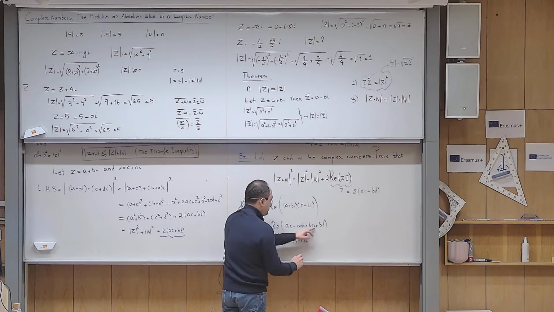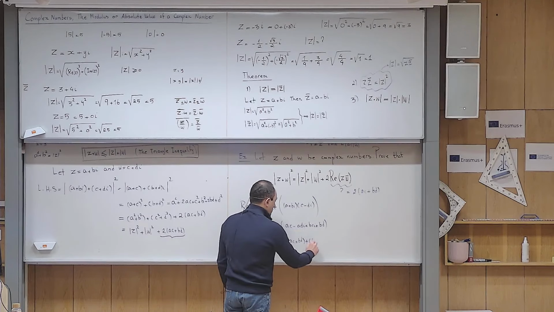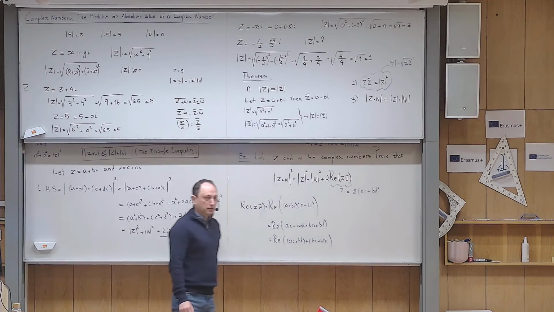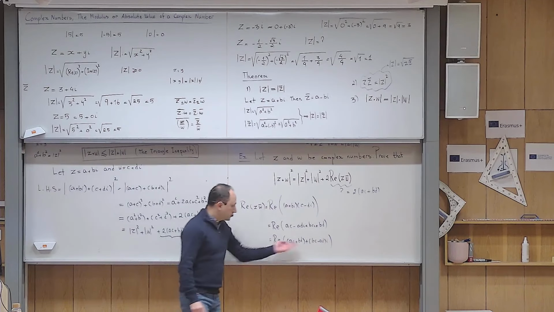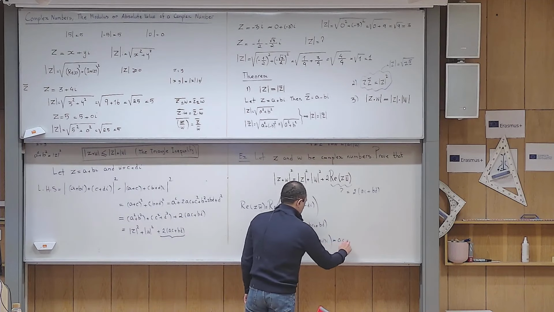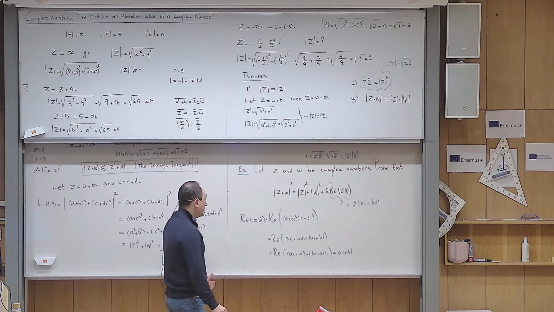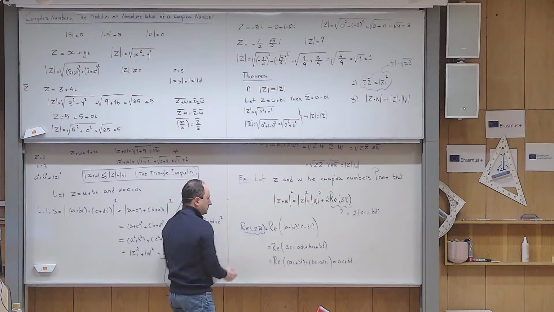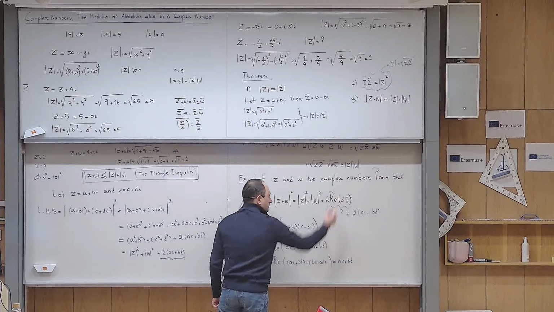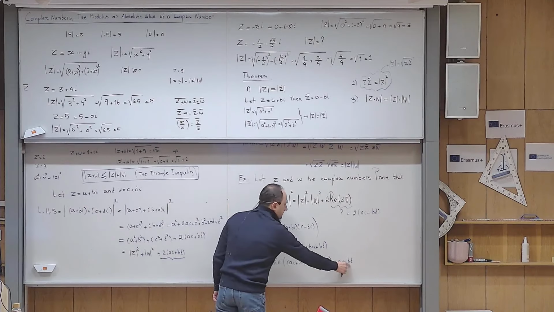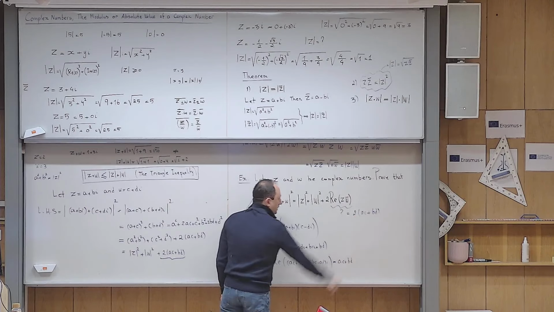And between these two, I factor an i out. So what is the real part? The real part is this one. So we are done. Yes, so I was able to show that the real part, this part, is actually ac plus bd. I have a 2, so it becomes 2 times ac plus bd.